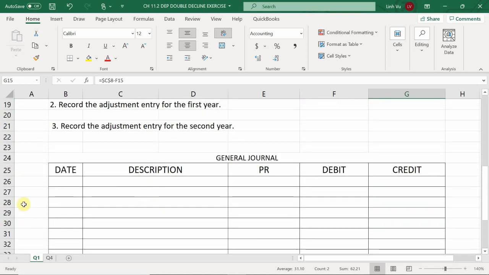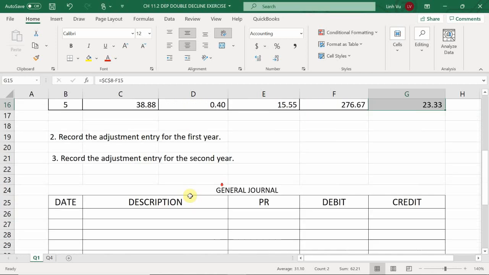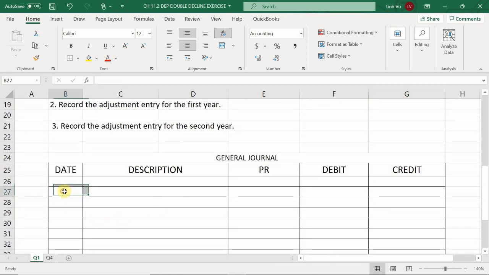So question number 2 says, in this case, we need to record the adjustment entry for the first year. So in the first year, how much did I actually depreciate? $120. So how am I going to journalize this? 12/31 is the assumption, right? At the end of the year.